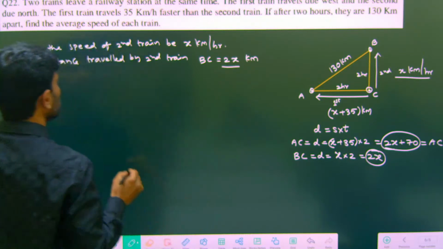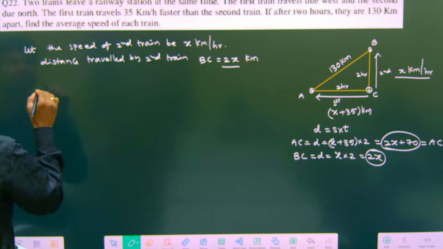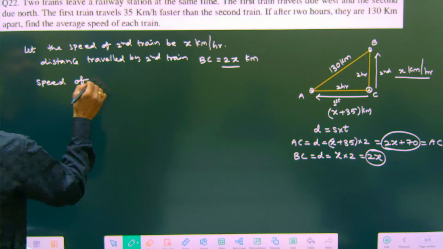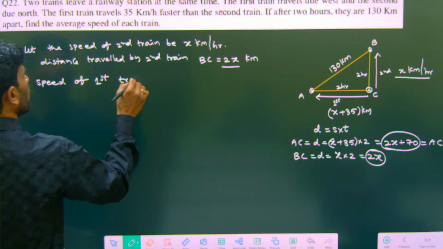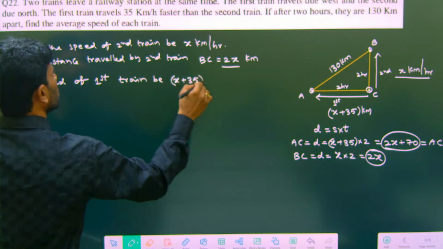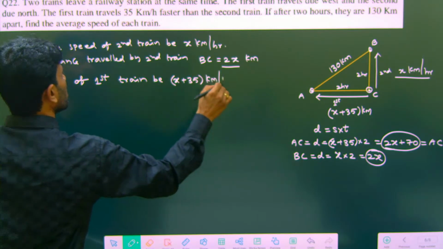Similarly, the speed of the first train, because it is 35 kilometers per hour more, will be x plus 35 kilometers per hour.